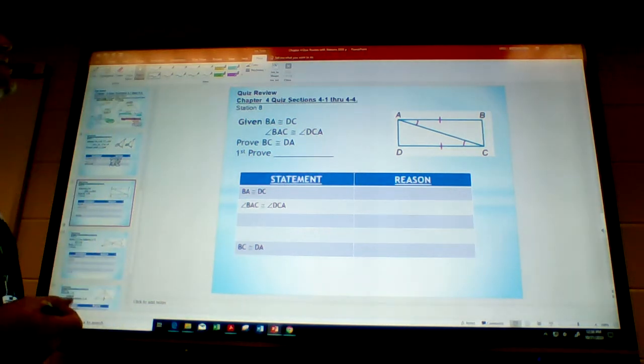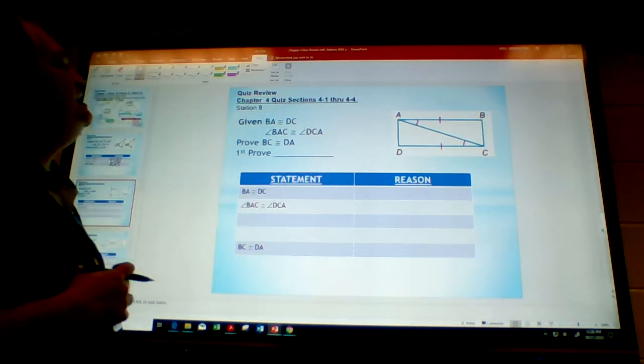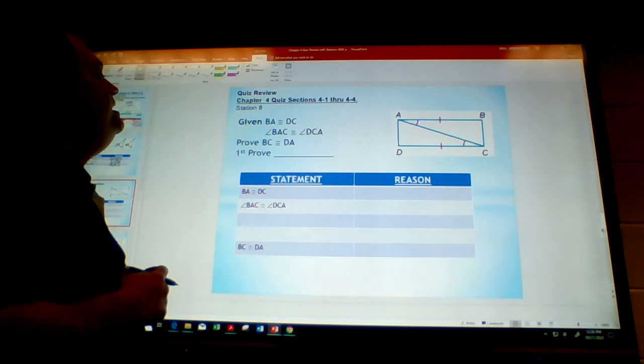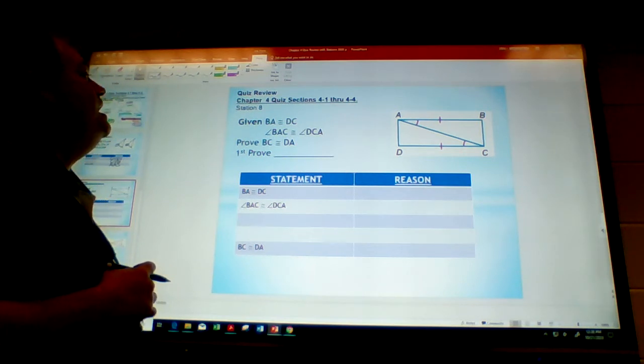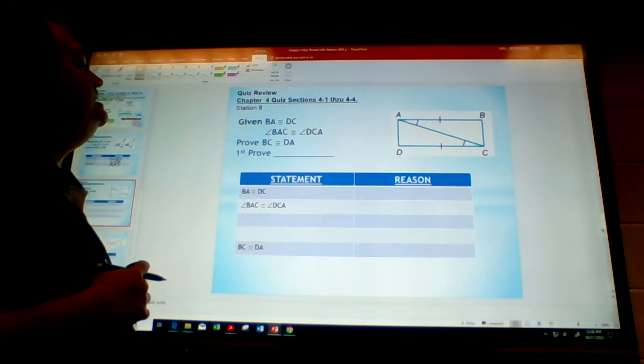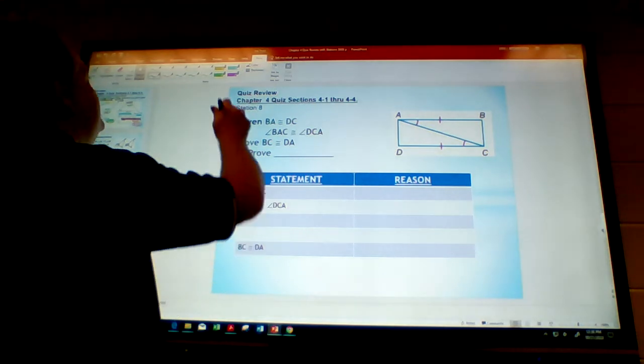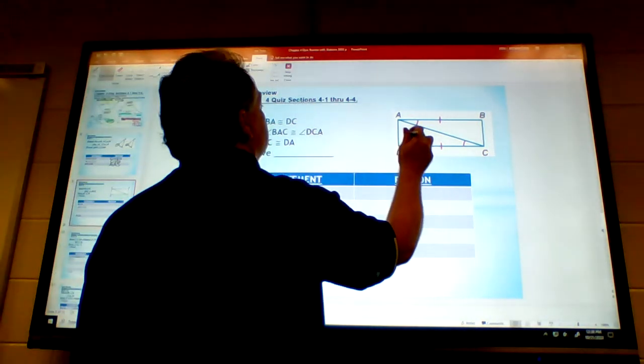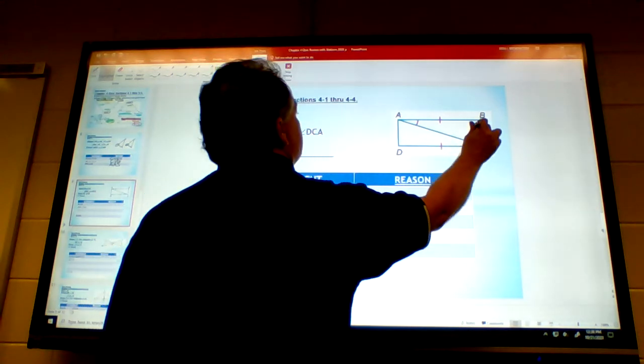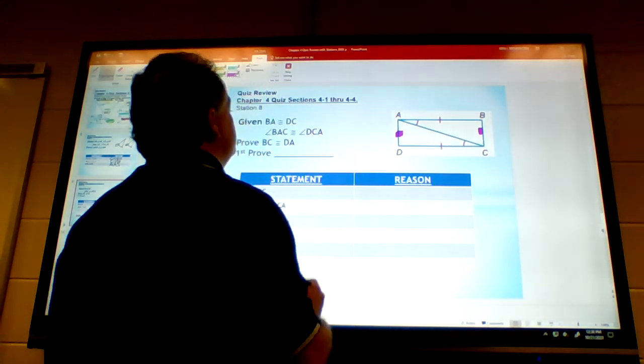Okay, my first 2 bits of information, I'm given that PA is congruent to DC and angle PAC is congruent to angle DCA, and I'm trying to prove that side BC is congruent to side DA. I'm going to highlight those in purple, BC and DA. I'm trying to prove that those two are congruent.